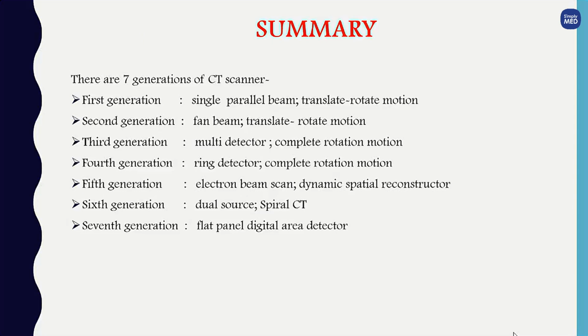In the fourth generation, we had two types: a rotating fan beam inside a stationary detector ring, and a rotating detector. Complete rotation motion is there, and sometimes the detector moves. Going to the fifth generation, we have electron beam CT and the dynamic spatial reconstructor. In the sixth generation, we were using dual source spiral CT. And in the seventh generation, we had the flat panel detectors.